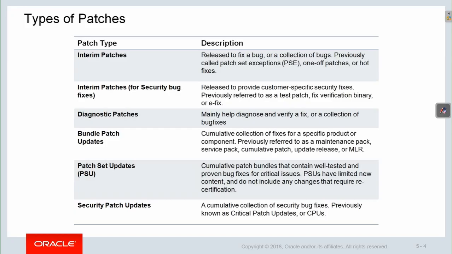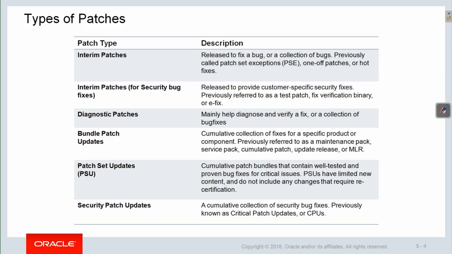And also we have interim patches for security bug fixes, and also diagnostic patches, and we have a bundle patch update as well. Bundle patch update is a cumulative collection of fixes for a specific product or component. And previously we called it a maintenance pack or a service pack and cumulative patch and so on.